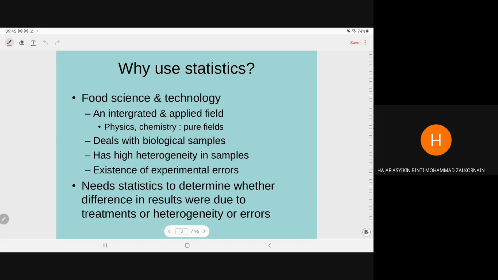When we deal with biological samples, we have to expect a higher degree of heterogeneity in our samples.